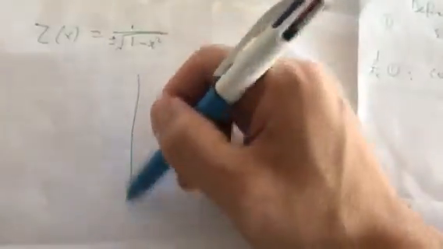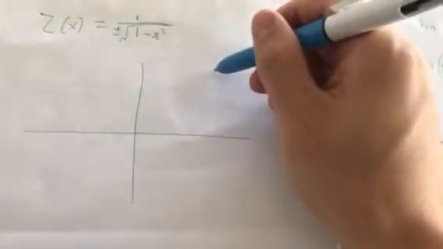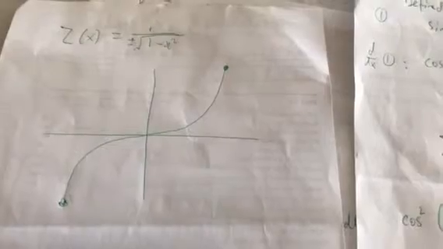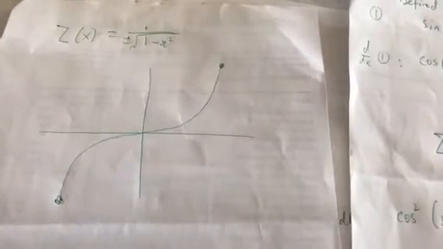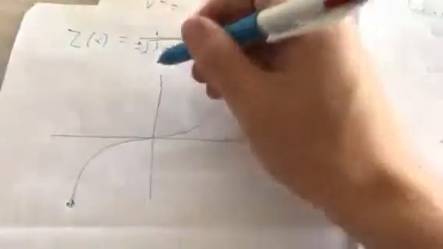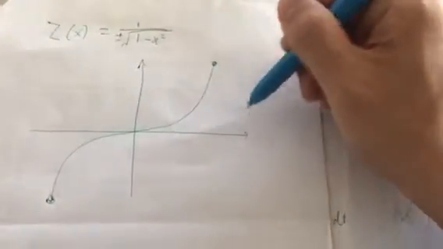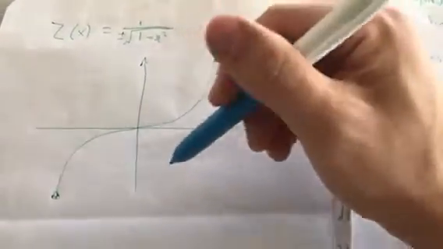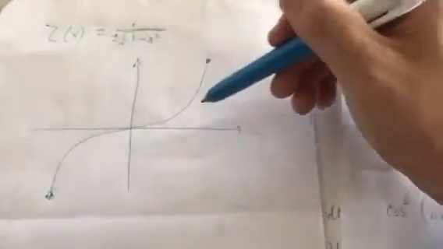To distinguish between the plus and minus, maybe we could actually just look at the graph. So the graph looks like this, right? That's inverse sine. And the slope seems to be always positive.